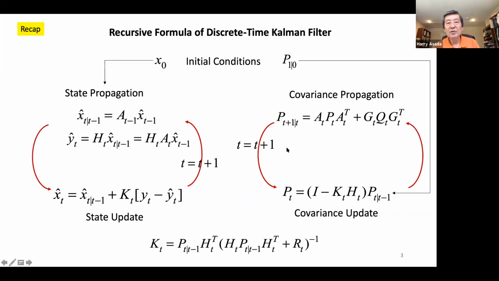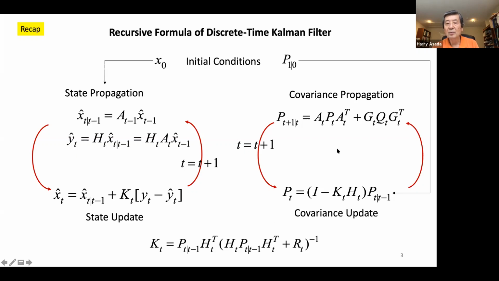And since the Kalman filter is a recursive formula, you need to provide the initial condition for state x_0, starting with this. You predict the output, and then the output is compared with the actual sensor signals, and then the state is updated to this value. And here we use the Kalman gain K_t. It is given by this expression, and the key part is P_{t|t-1}, the a priori error covariance.